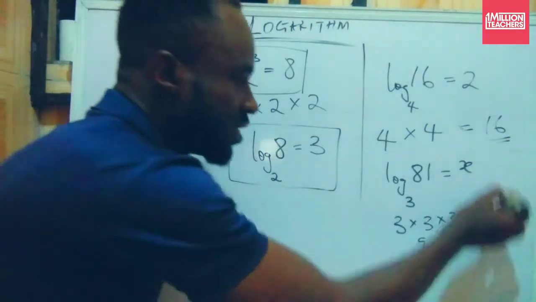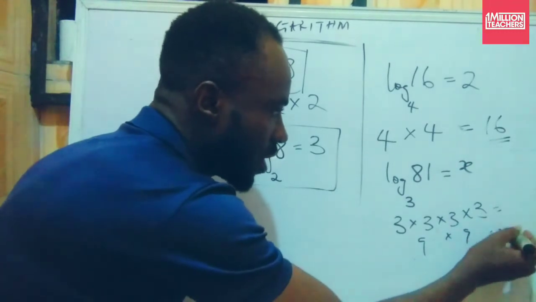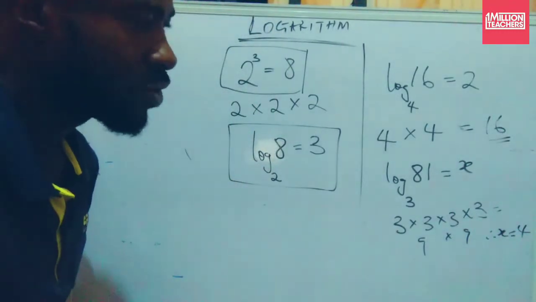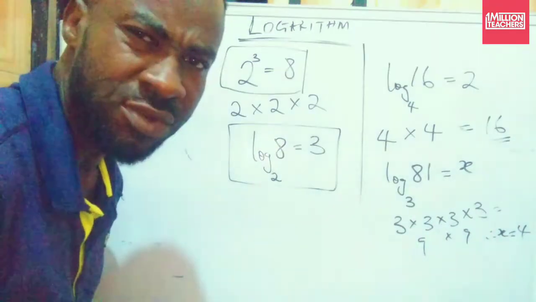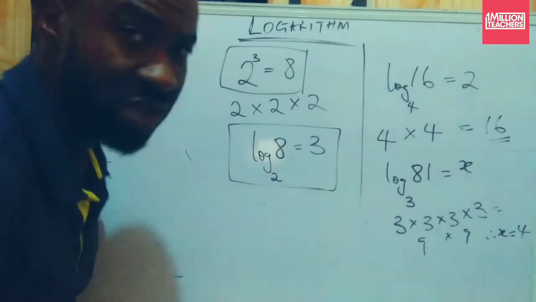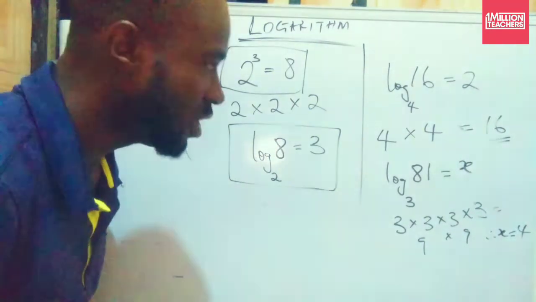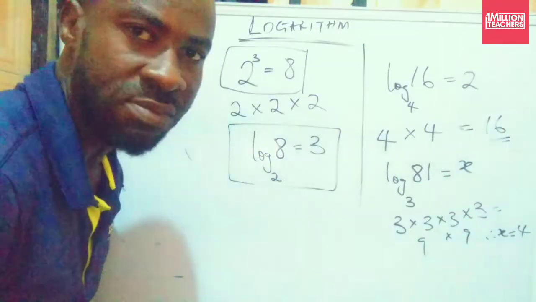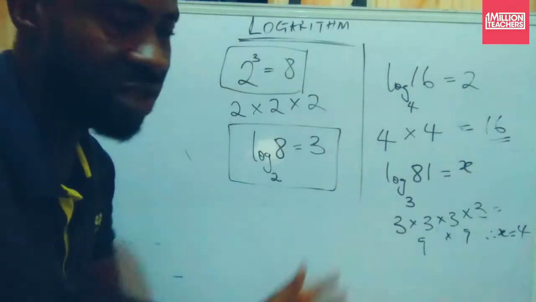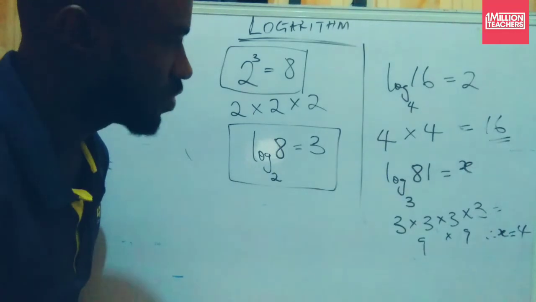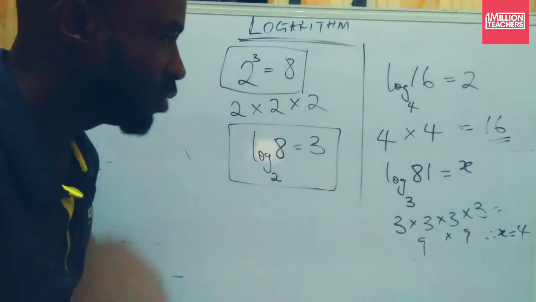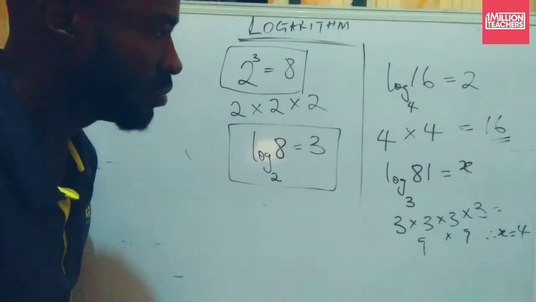So you'll be able to know that therefore your x is equal to 4. Understanding this simple concept about logarithm will help you to really solve problems on it. Even if you give it to somebody in primary 1 or primary 2, once they're able to explain what logarithm is, that particular student will be able to find out the problem about logarithm.